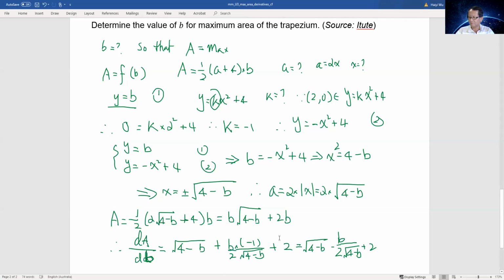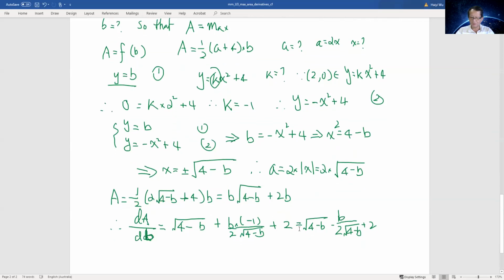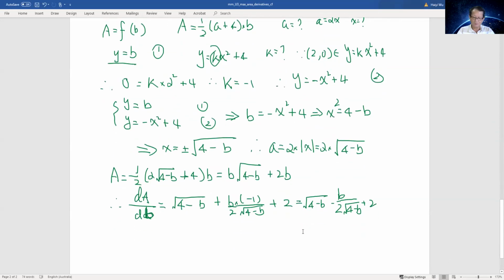Let's make a common denominator. So A dash for b equals, common denominator is 2 square root 4 minus b. So there'll be 2 bracket 4 minus b minus b plus 4 square root 4 minus b.